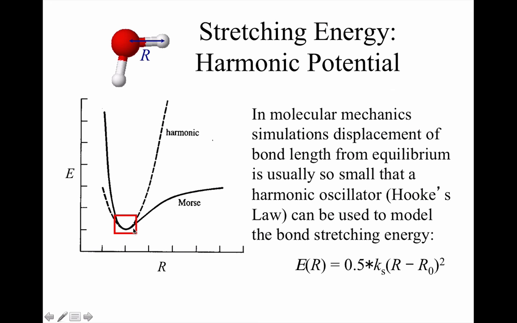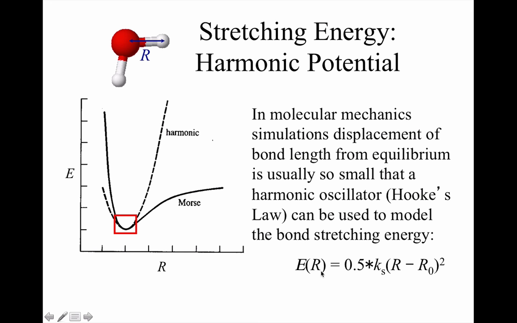And this harmonic function, which I have tabulated here, is much simpler than the Morse potential. So what we will do is that instead of using the Morse potential in order to describe the stretching energy, we will rely on such a simple harmonic function in order to describe the stretching motion.